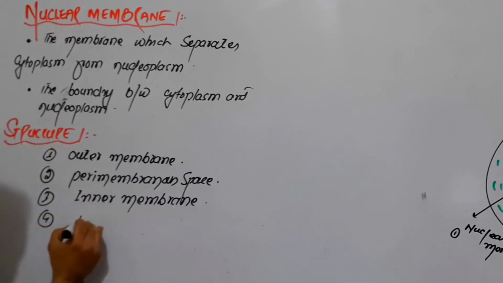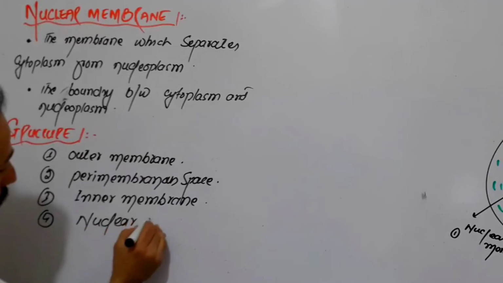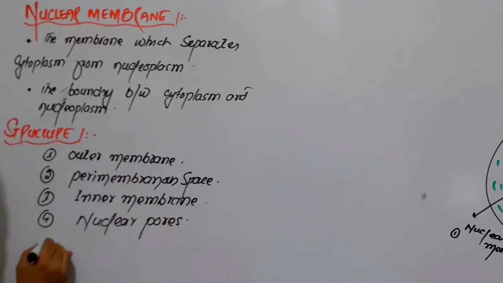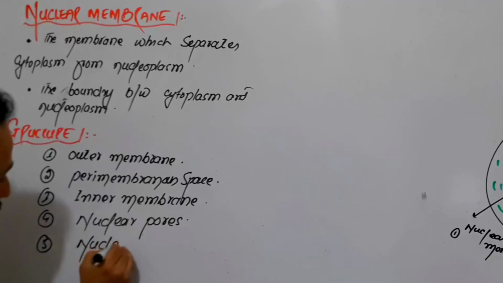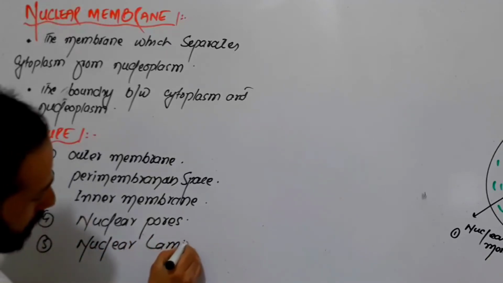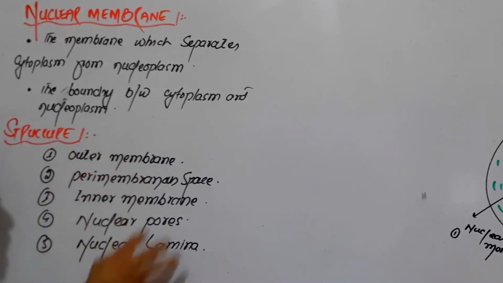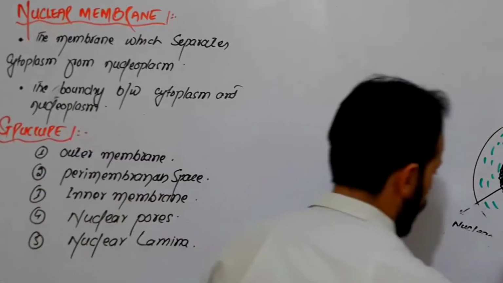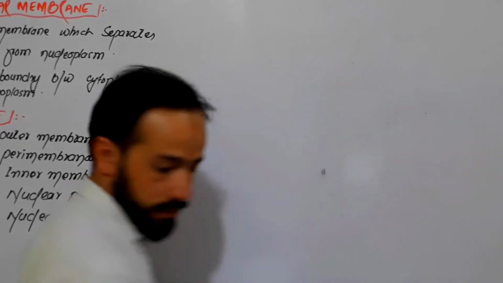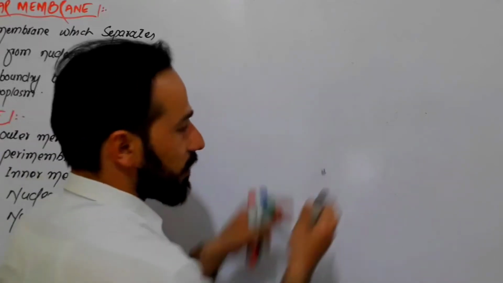Number 4, it contains nuclear pores. And number 5, it contains nuclear lamina. Now we have to discuss each part in detail. Let me draw a big diagram of this nuclear membrane, with the five important structures: the outer membrane, the perimembranous space, the inner membrane, the nuclear pores, and the nuclear lamina. Now let me draw a big nucleus, and we will see all those structures which are present in it.